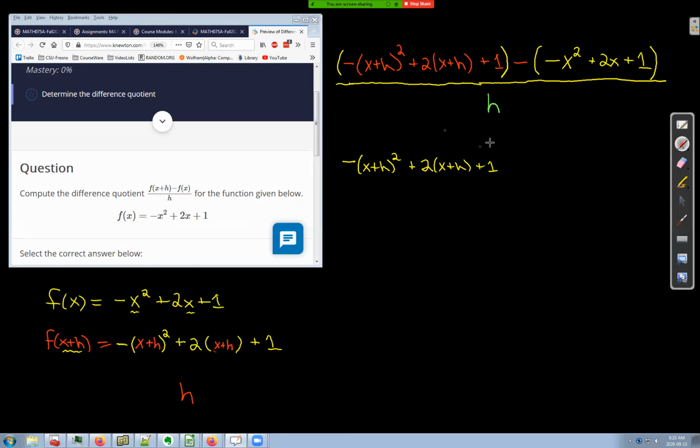Now I'm going to get rid of these parentheses, but the only way to get rid of the parentheses is if I distribute that subtraction. So the negative negative is going to make a positive. So it's going to be positive x squared, and then a minus 2x, and then a minus 1.